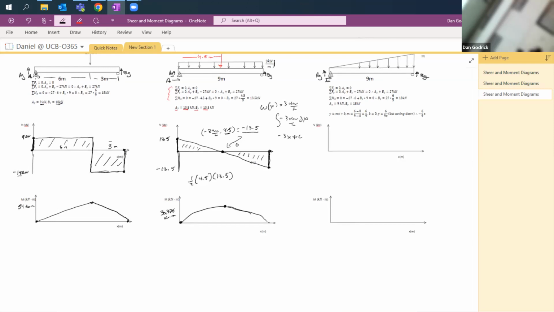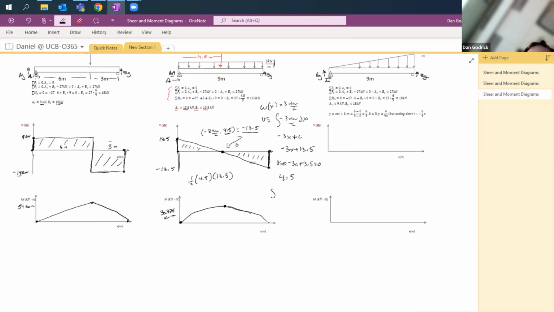What is our initial condition? Well, we know at 0, we're at 13.5, so minus 3x plus 13.5. When does this equal 0? Shear equals 0 when minus 3x plus 13.5 equals 0. 13.5 divided by 3 is 4.5. So things are pretty consistent.